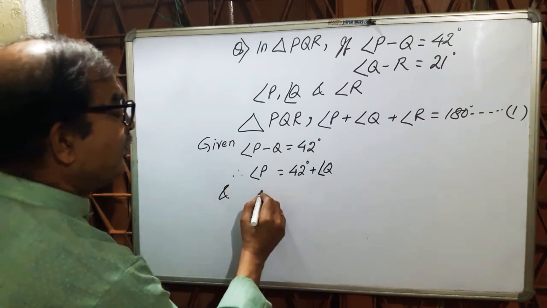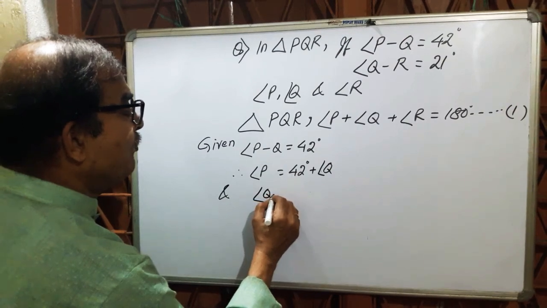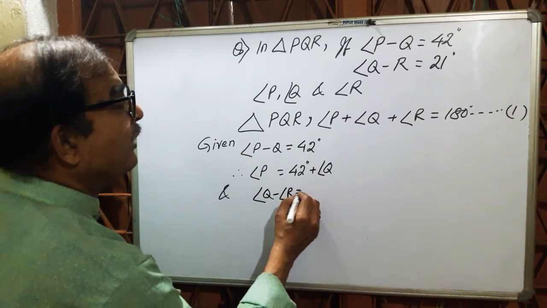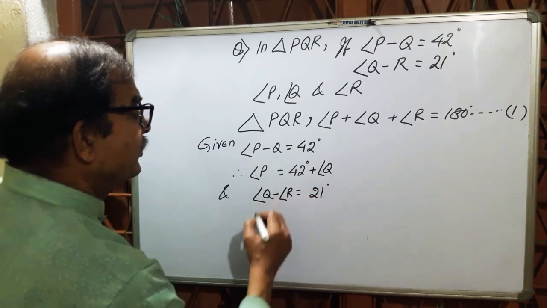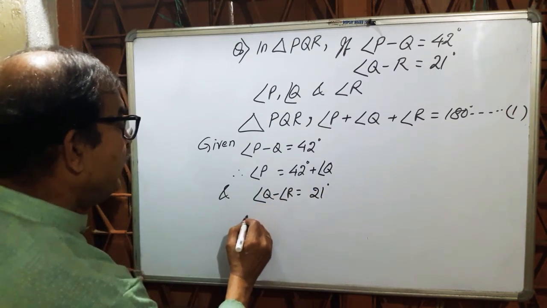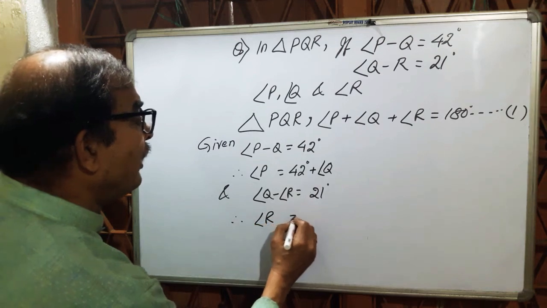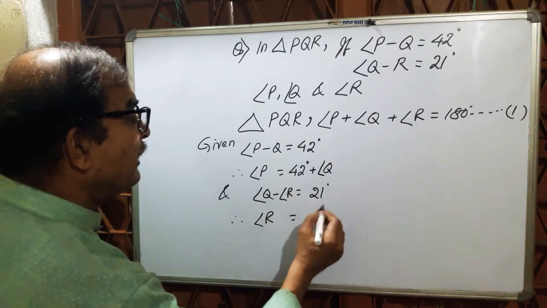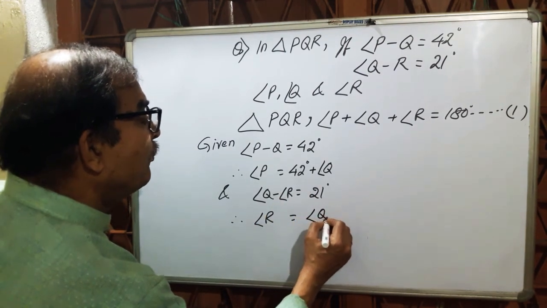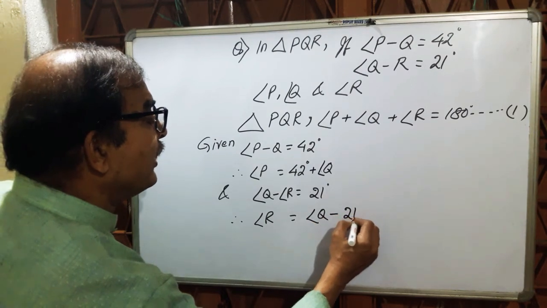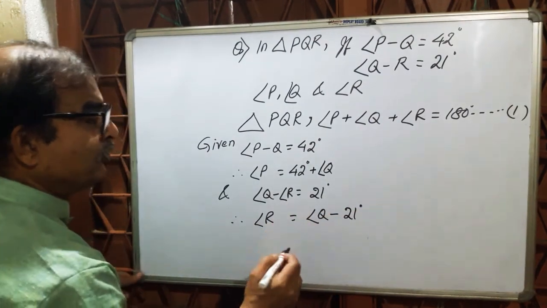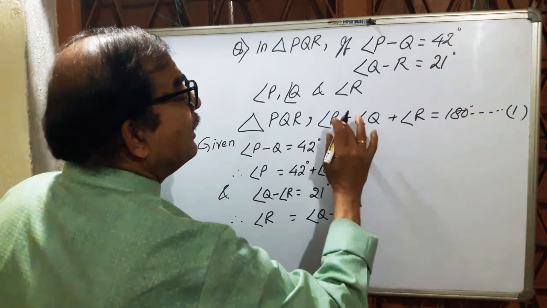And Q minus angle R equal to 21 degree. So just you see, therefore angle R equal to angle Q minus 21 degree. Now you put this value here.